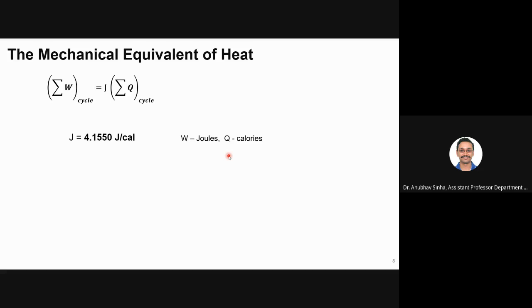In SI units, Q is also in joules, so when you specify work and heat both in joules, you get J is equal to 1. So this constant of proportionality will be 1 if you are taking both in SI units. Is this clear, or any question on this?